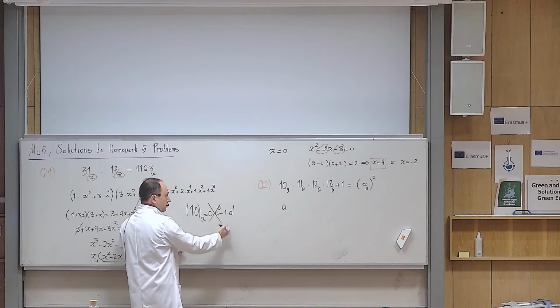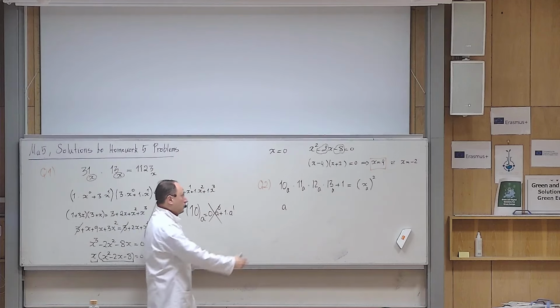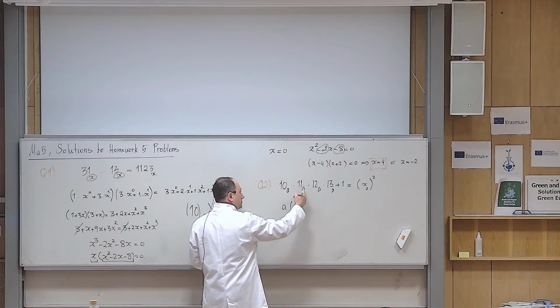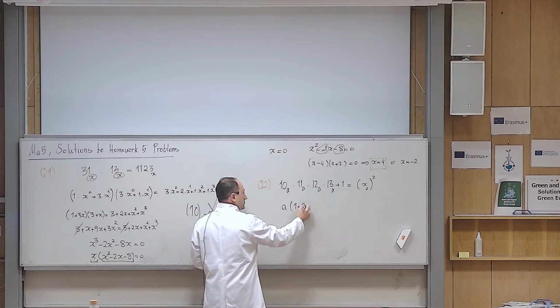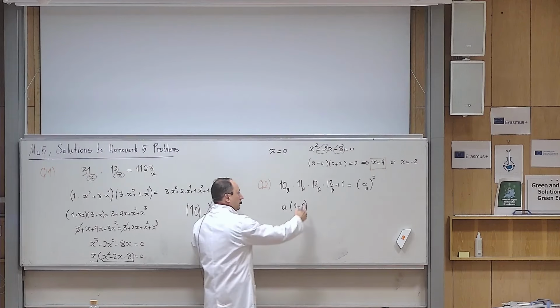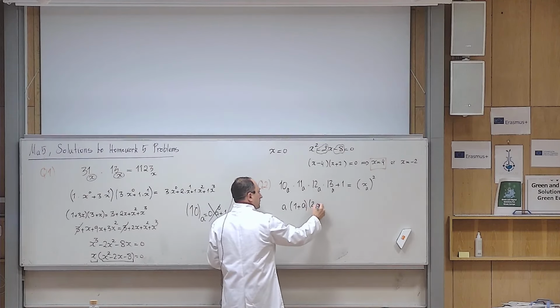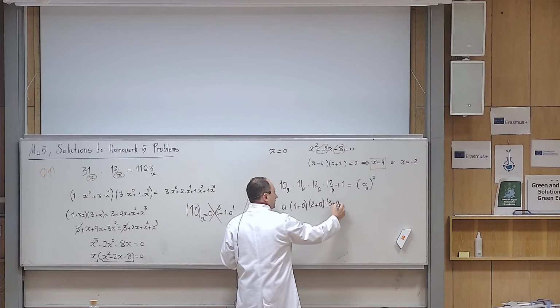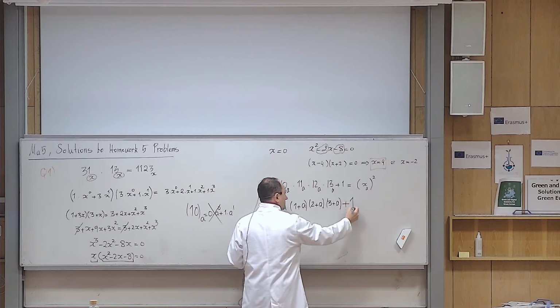But this is completely gone, I get a. Yes? What about here? It becomes 1 plus 1 times a to the power 1, which is a. And this one becomes 2 plus a. And this becomes 3 plus a. And then I have 1a at the end.